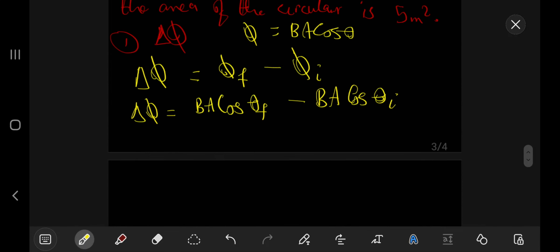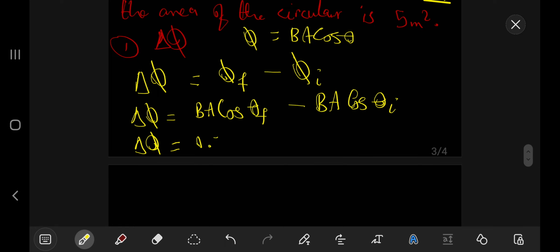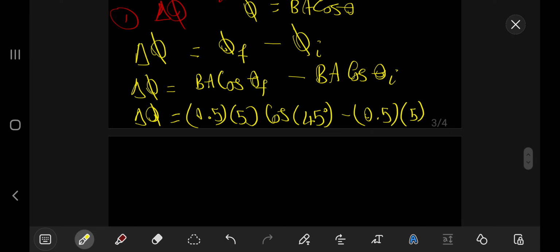And then substitution, B is 0.5, right? That is our magnetic field strength, 0.5. And then the area is given as 5. And then cos of, what is the final angle? 45 degrees, minus B 0.5, A 5, and then cos 0.